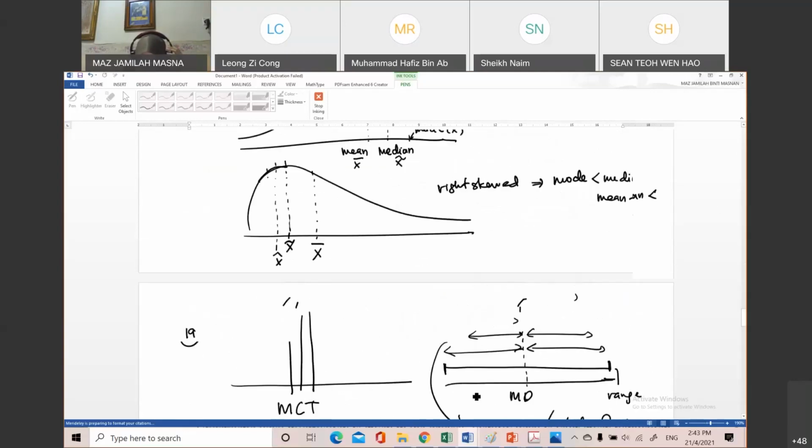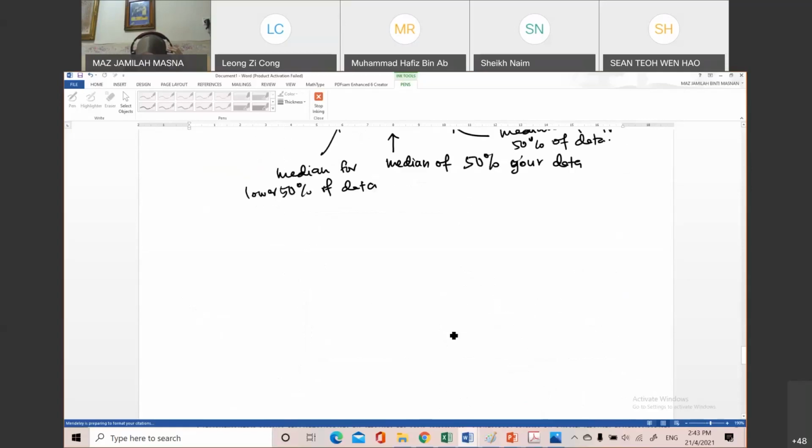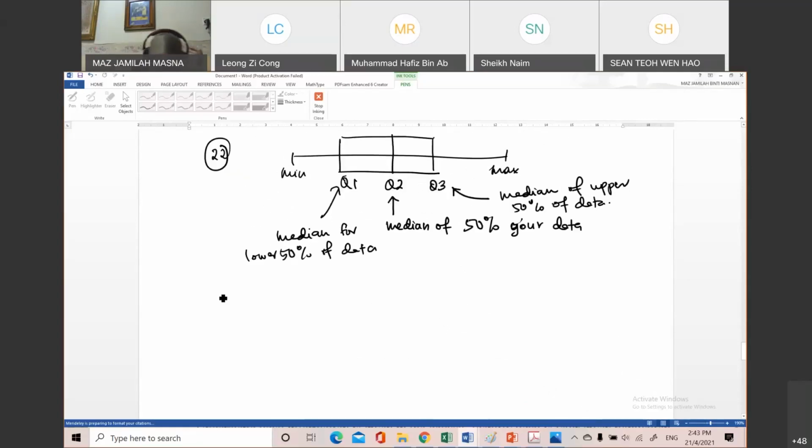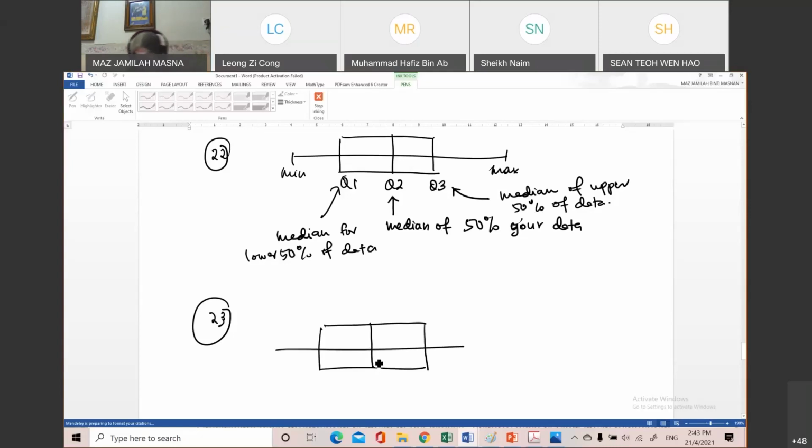Let us see what is affected by the value. So question number 23. First, we are talking about symmetric data. Symmetric data means that you have equal boxes. So this is your Q1, this is your Q3, this is your Q2.